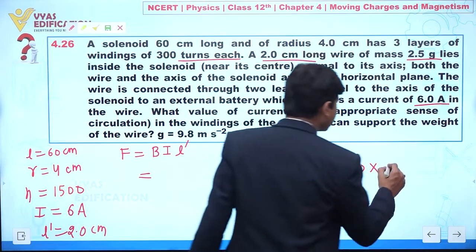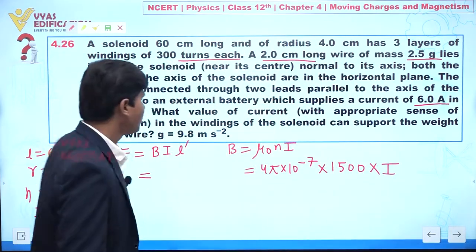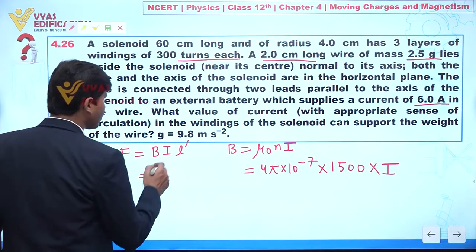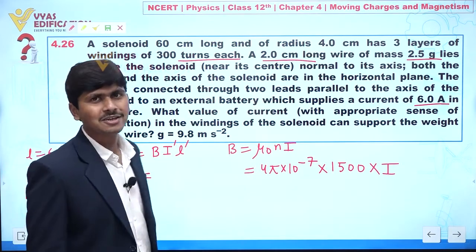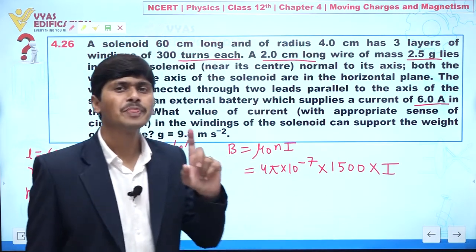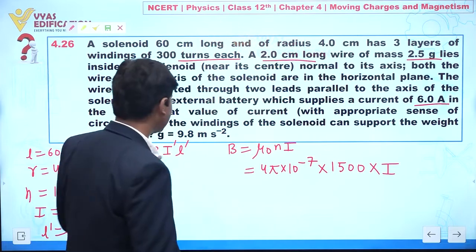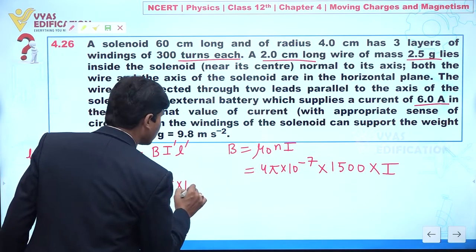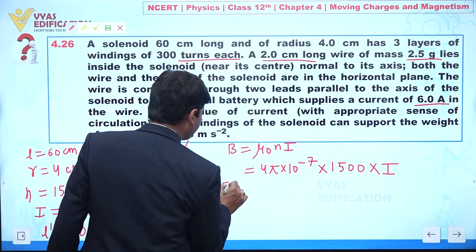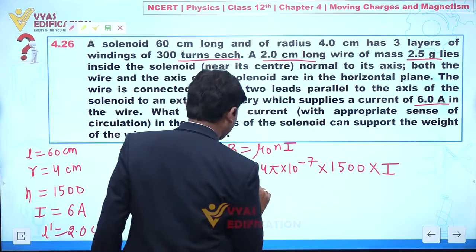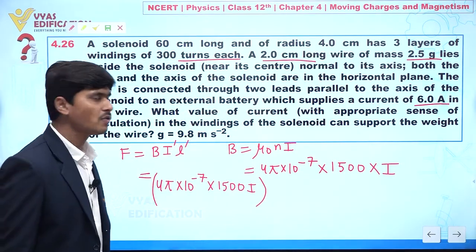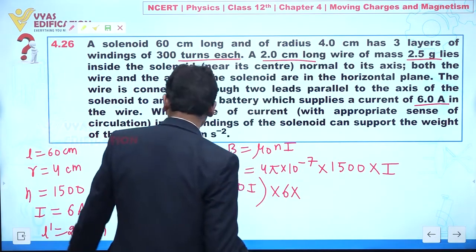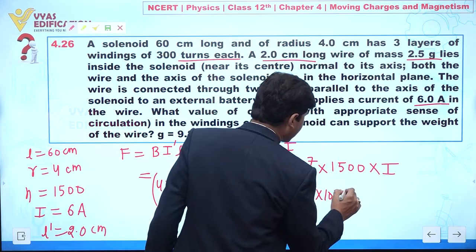It is not given, so let's assume this is I. In the force expression we will put I dash, because this is the current flowing in the conductor placed inside the solenoid and connected with the battery. So the value of B is 4 pi into 10 to the power minus 7, multiplied by 1500 and I. Now it is multiplied with the current in the wire, 6 ampere, and L dash, 2 centimeters, so 2 into 10 to the power minus 2.